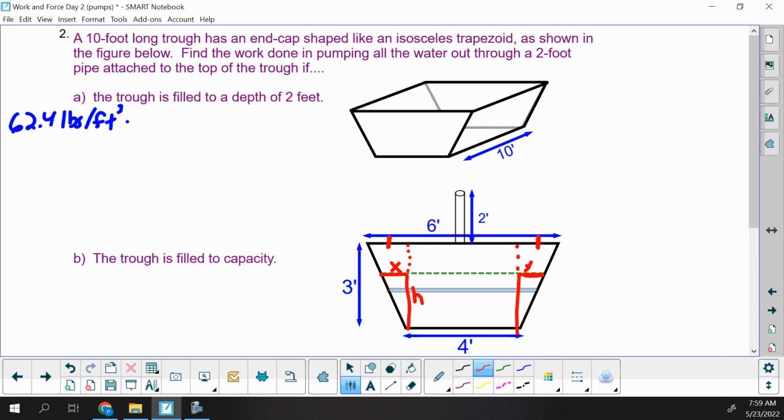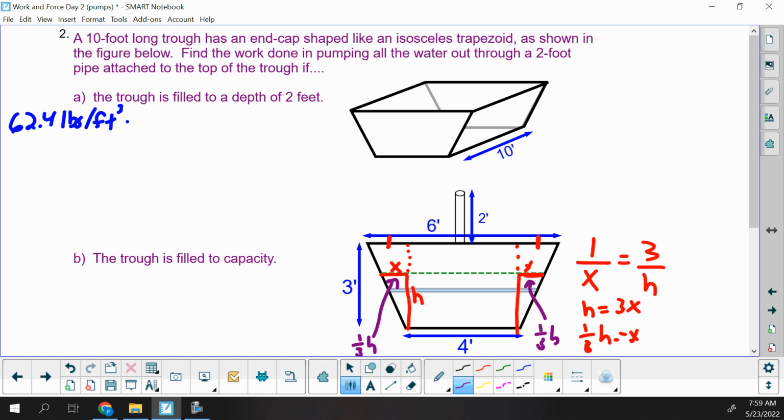So what we know is that in the big triangle, 1 relates to X in the small triangle. 3 in the big triangle relates to H in the small triangle. If we cross multiply, H is equal to 3X, or in other words, X is equal to 1/3 H. So if these are each 1/3 H, the whole green horizontal line can be represented as 2/3 H plus 4, times the 10.